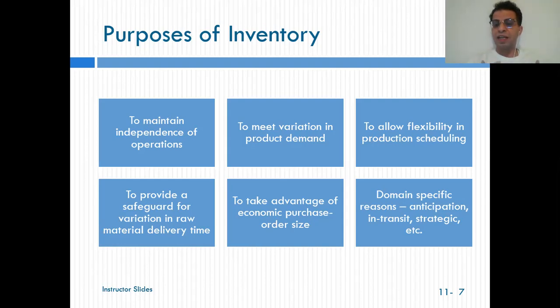It also allows flexibility in the production schedule, provides a safeguard for variation in raw material delivery, and takes advantage of economic purchase order size. The more you buy, the cheaper it is. There are also reasons such as anticipation, goods in transit, or some kind of strategic plan.